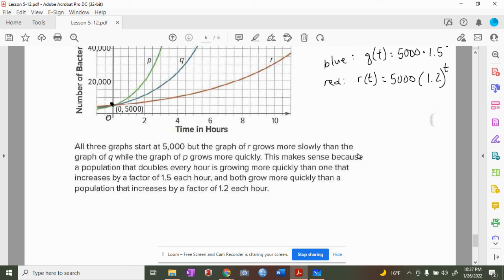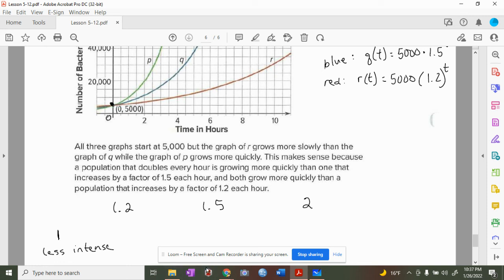And if we compare those values, 1.2, 1.5, and 2, remember I made the comment that the closer to 1 your value is, the less intense that growth or decay.